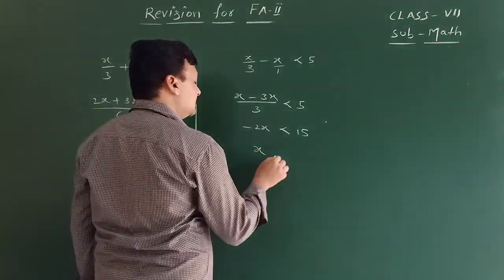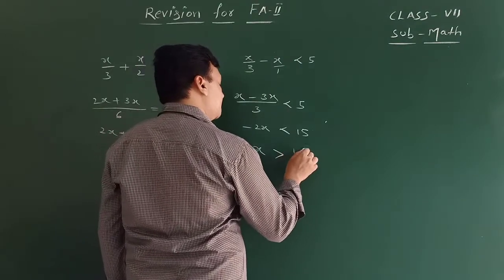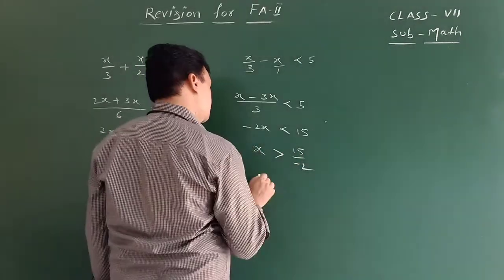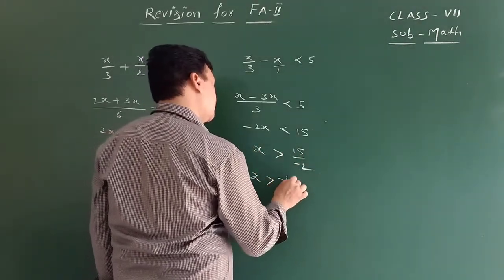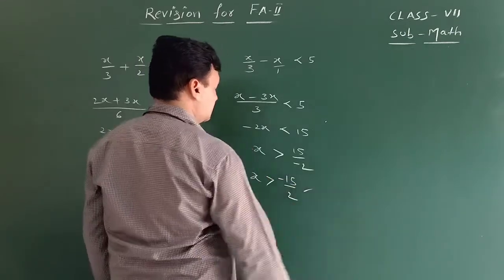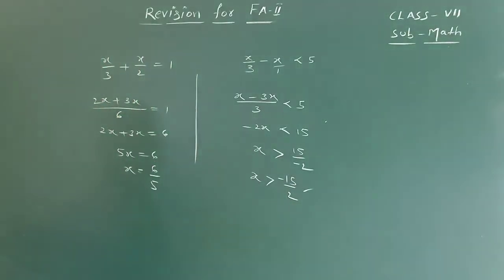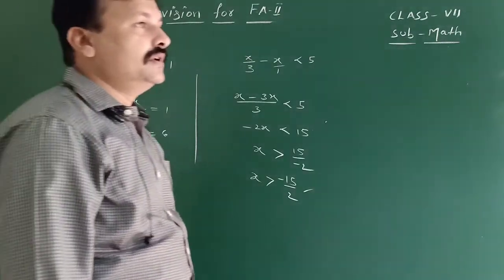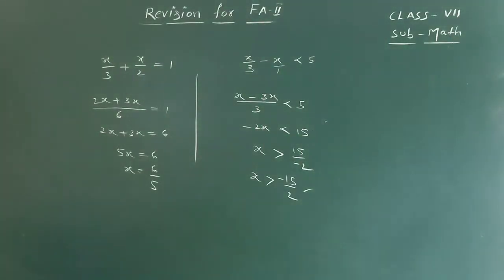Here x greater than 15 by minus 2. So x greater than minus 15 by 2. This is the solution of a simple linear inequation. For the inequation, the process is the same.